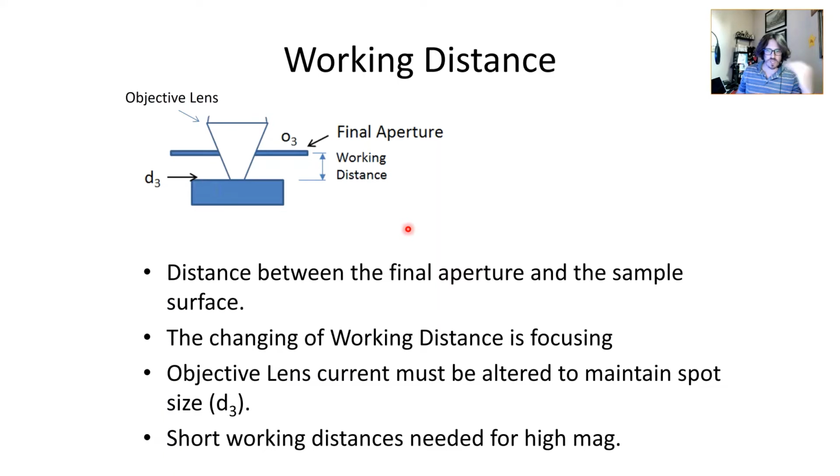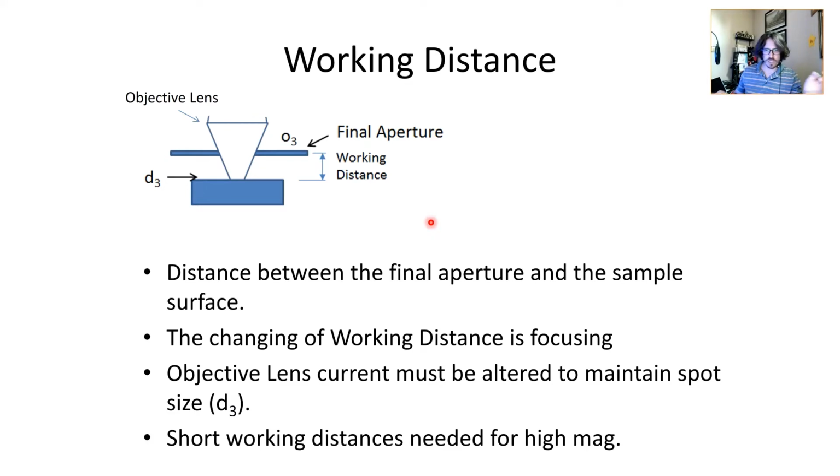And changing the working distance for the most part is focusing. However, you can set working distances at different points and then refocus. So it's a little confusing, but we're going to have an interactive lab, and hopefully that becomes a little more clear than just the words coming out of my mouth.